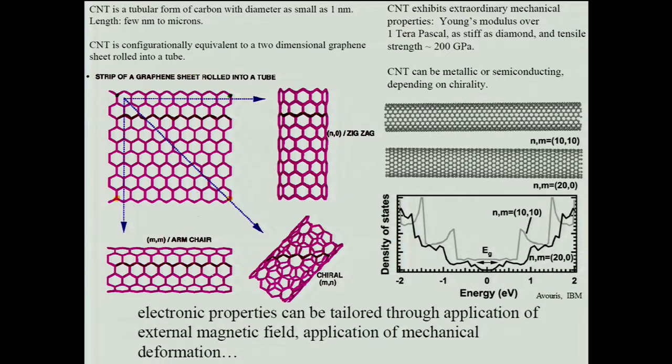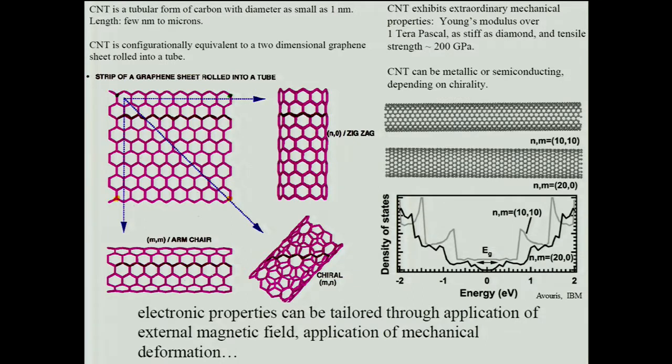I think one thing which we skipped in my last one, when we were talking about the carbon nanotube, we said carbon nanotubes can be both semiconducting and metallic. This is how, depending upon how the carbon nanotube is formed.